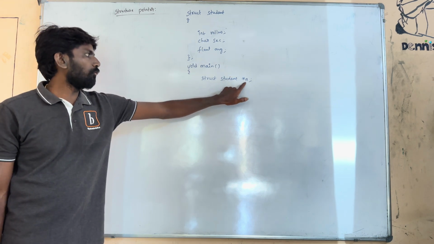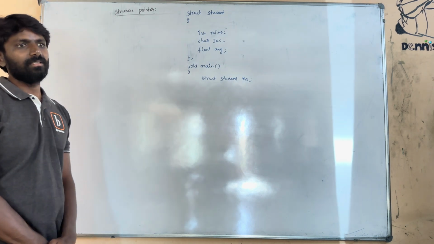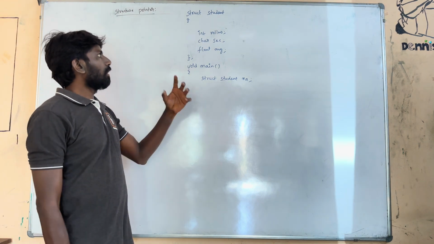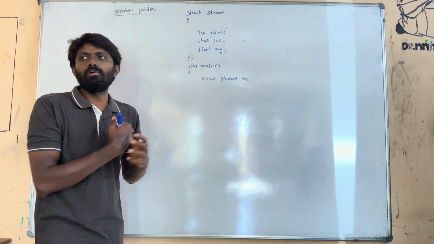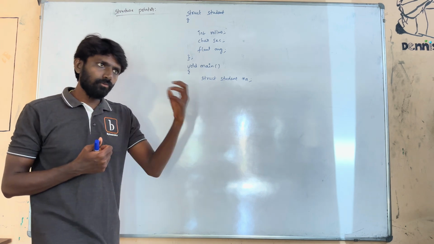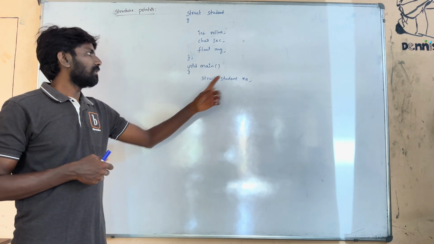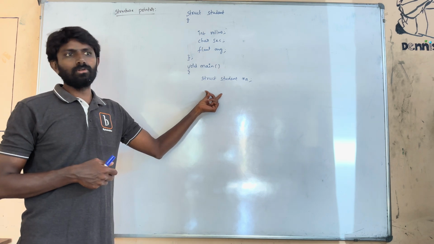Now 4 bytes of memory is allocated, and you want to store the roll number and one student's details. Can I directly store one student's details?